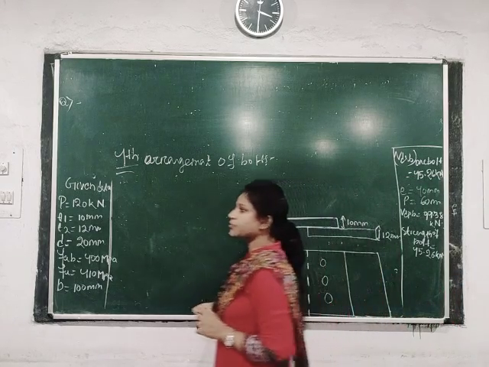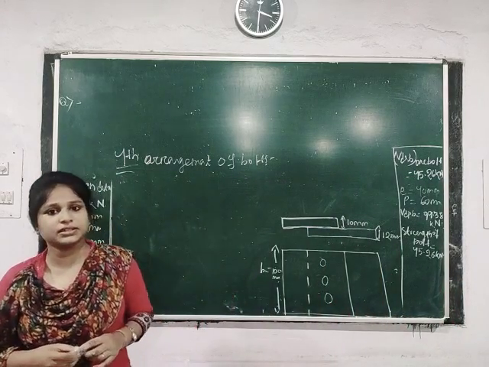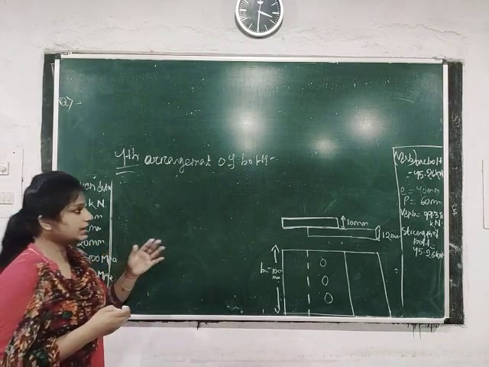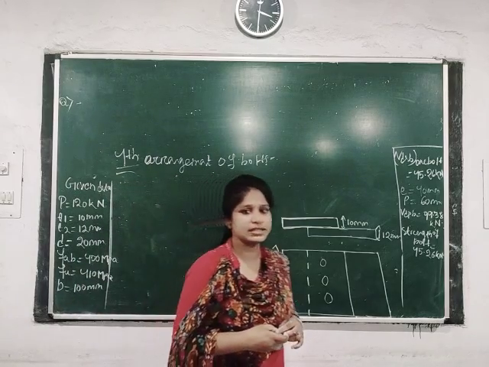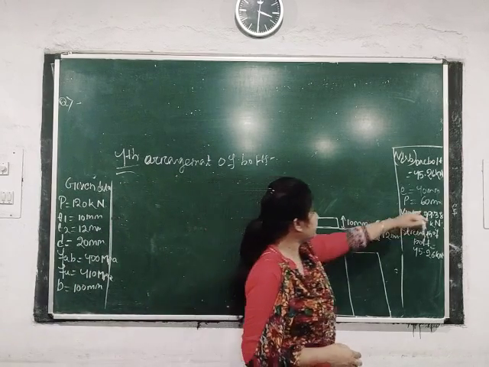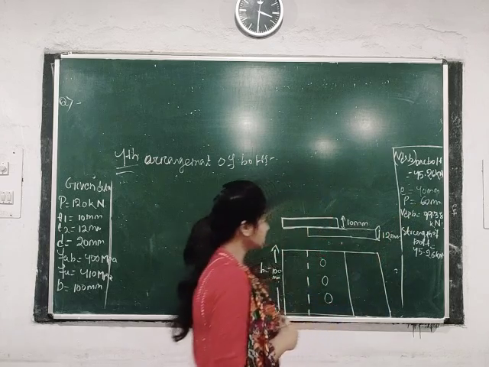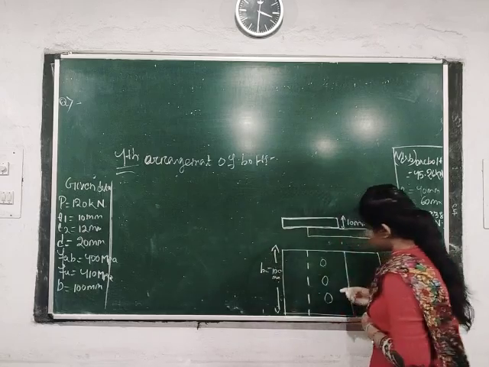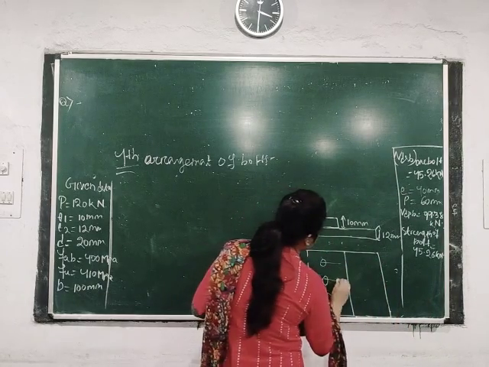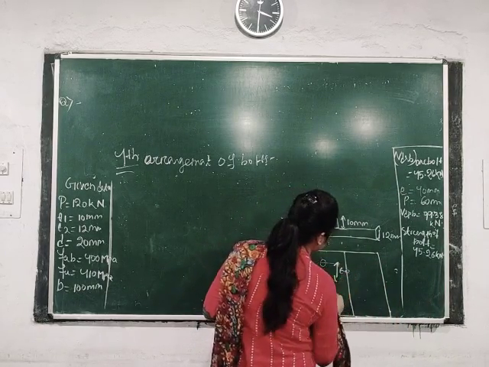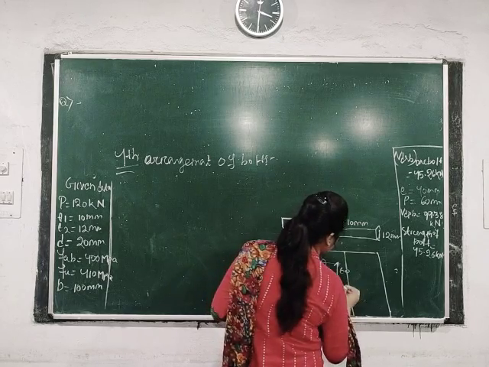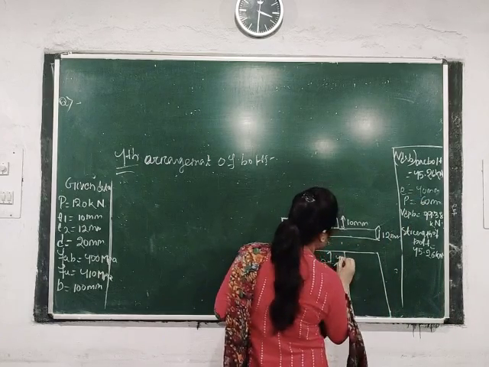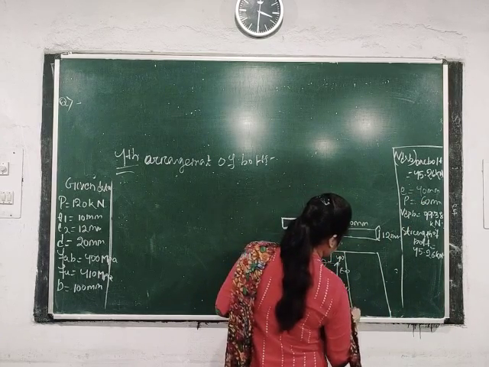I have already told that we can take the edge distance, pitch distance and gauge distance the same. So here we have taken the pitch distance as 60 mm, so take the gauge distance also 60 mm, and the end distance 40 mm.